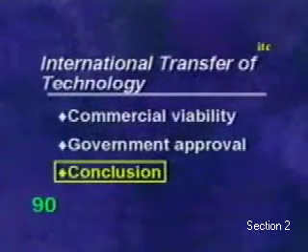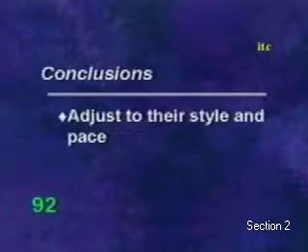Any international negotiation requires the formulation of options, the use of criteria for gains appropriate to both cultures, and a willingness to renegotiate if necessary. The best way to build a relationship is to separate the people from the problem and adjust to their style and pace.